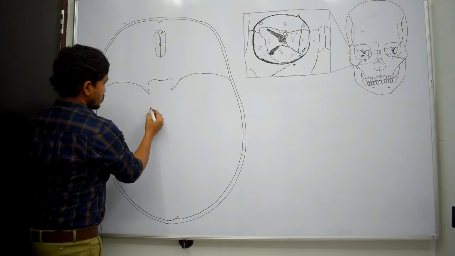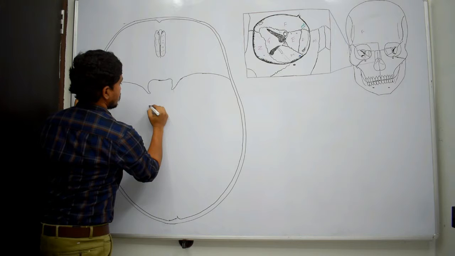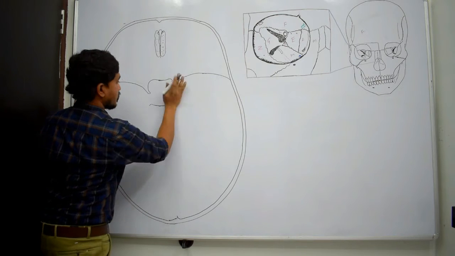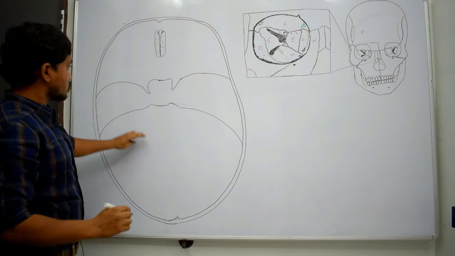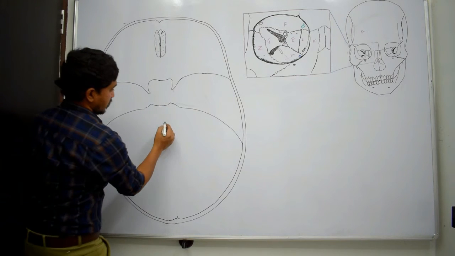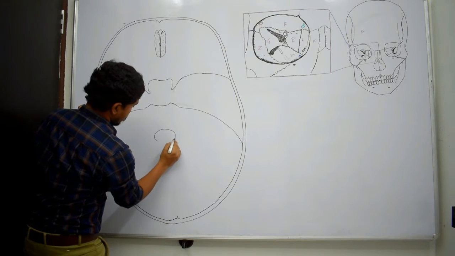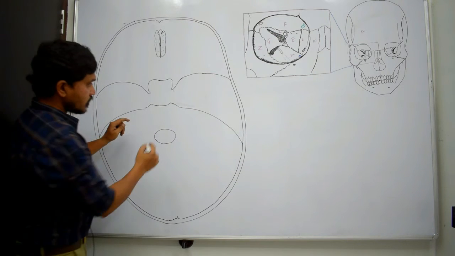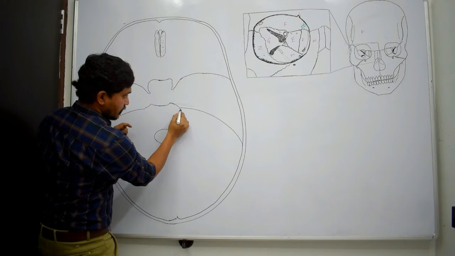Then in the posterior part, you can see the posterior clinoid process, and this is the dorsum sellae. So this is the middle cranial fossa and this is the posterior cranial fossa. Here you can find the foramen magnum. This part is the petrous part of the temporal bone.